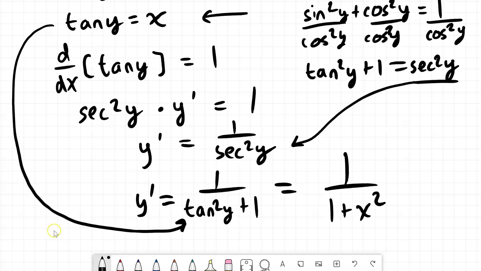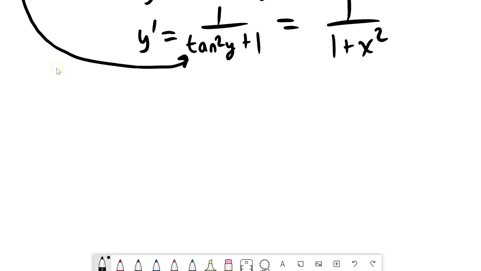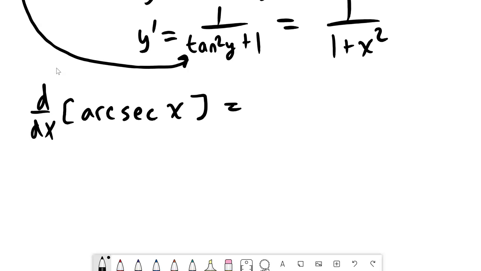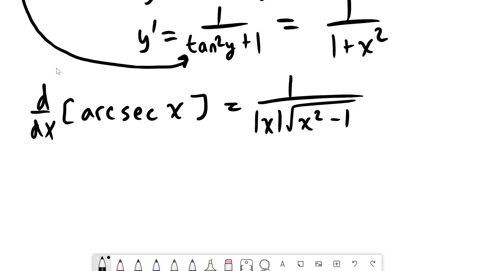I am actually going to skip going through the derivation of the third one we wanted to do, which was the derivative of arcsecant, for one specific purpose. I was researching this specific one, and there's actually a dispute in math about what the derivative of arcsecant is. I read in a book that some books have this absolute value and some don't.